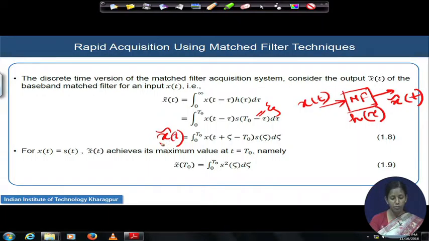It will give the maximum value if this x(t) exactly matches with my s(ξ). And if I consider that at t equal to t0 they are exactly matching, then it will simply be S_s² ξ. Substituting small t equal to t0, we will be getting exactly S_s² ξ. So the output at t0 will be given by expression 1.9, following the matched filter fundamentals.